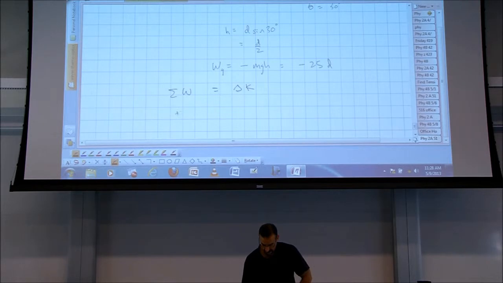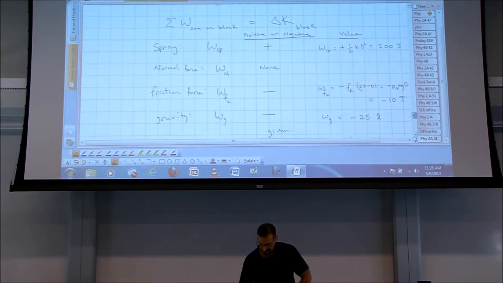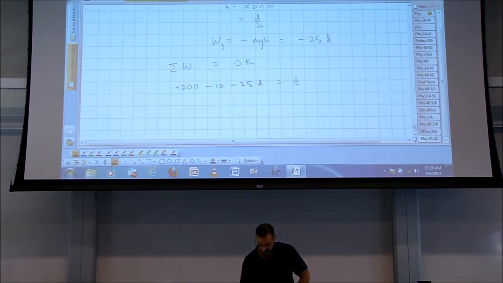We get a plus 200, a minus 10, a minus 25D, has to equal, what's our change in kinetic energy? Zero, right? It starts at rest and it ends at rest.